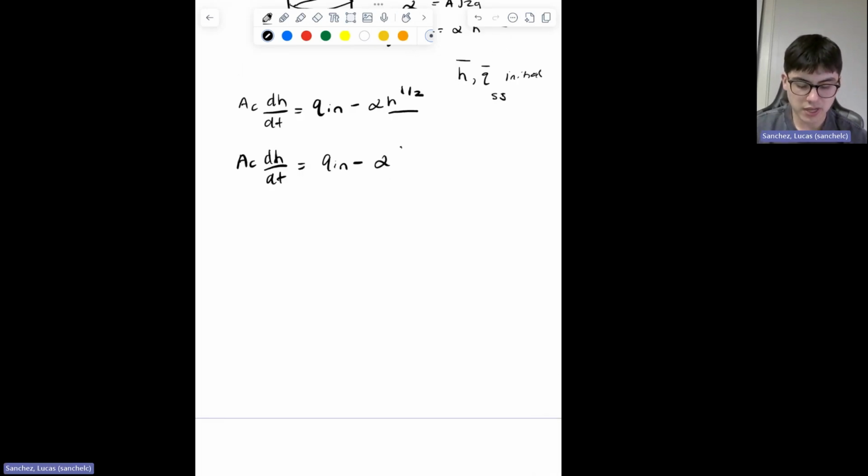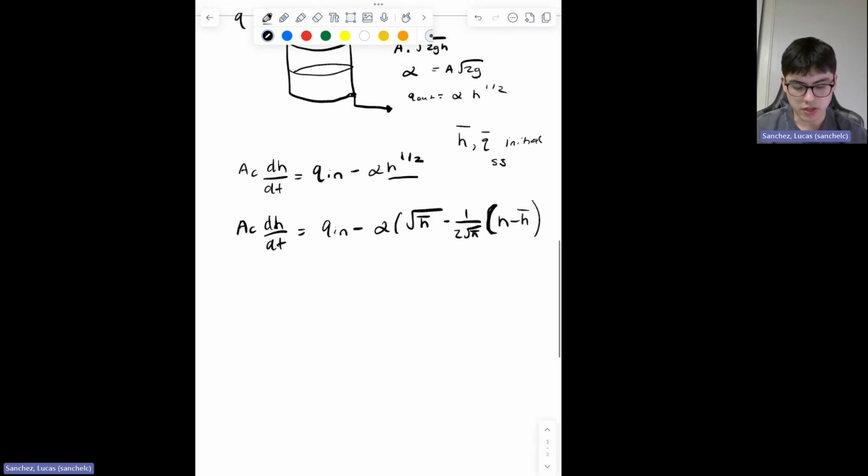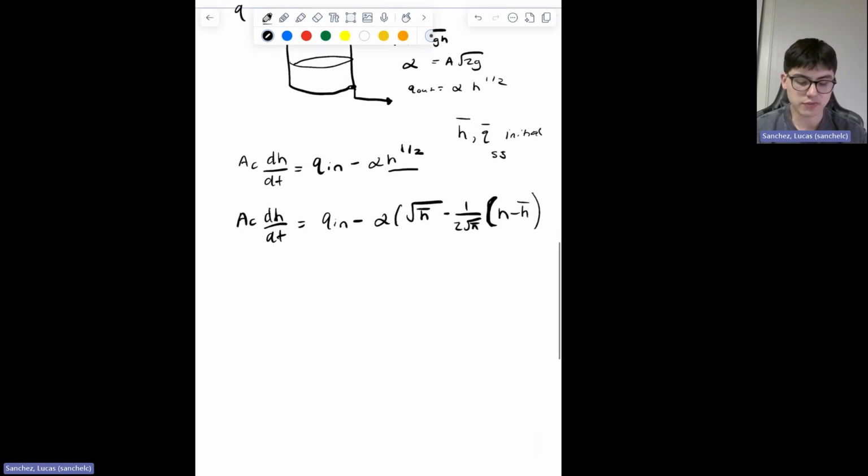That'll be alpha times the square root of h bar minus alpha over 2 square root of h bar, and then we multiply this by h minus h bar. So this is just the initial value of the function plus the derivative of the function times how much it deviates from the initial value.